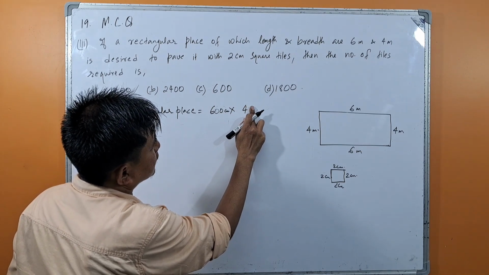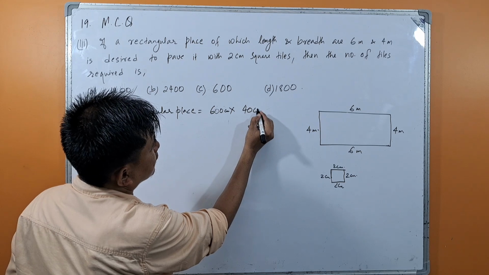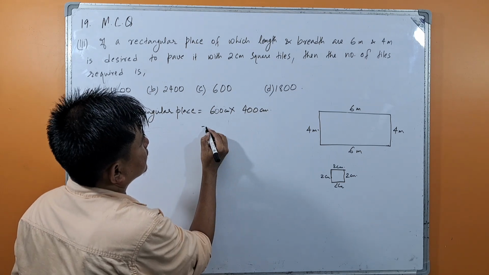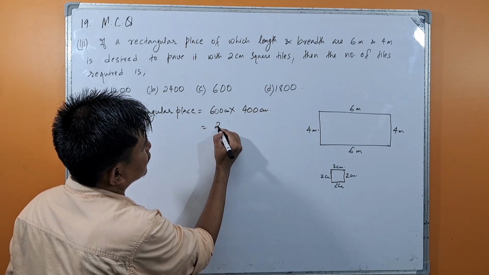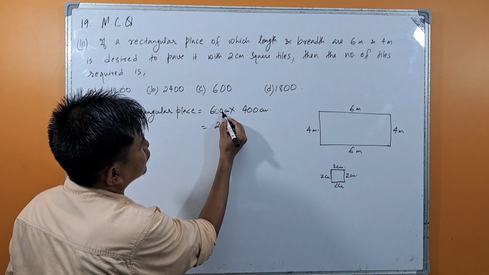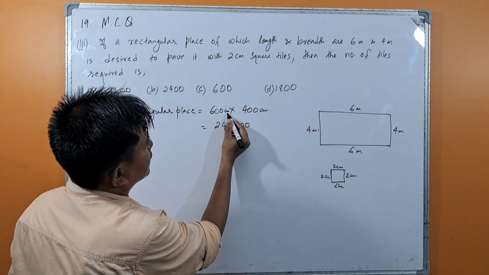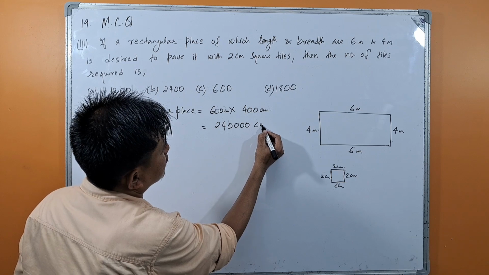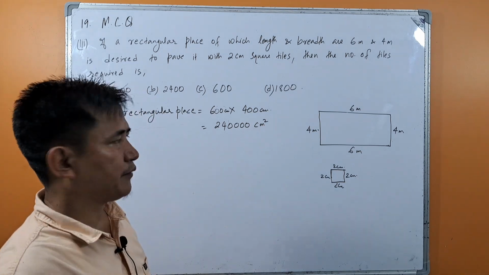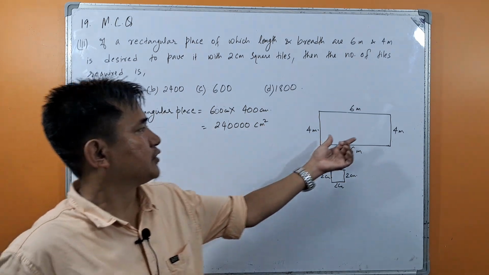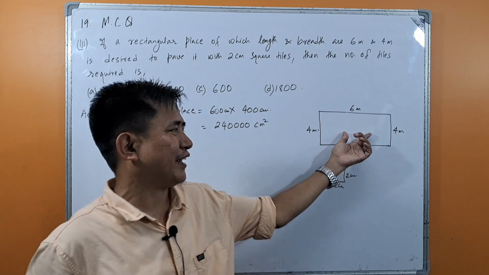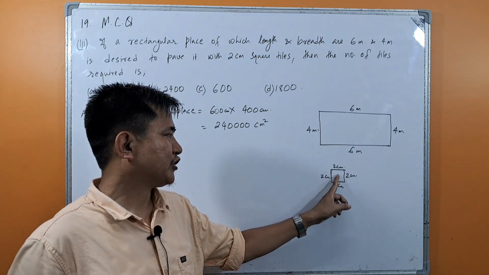4 meter means 4 into 100, that is 400 centimeter. 6 4s are 24, and 4 zeros. Centimeter into centimeter is centimeter square or square centimeter. Okay, so this is the area of this rectangular shaped land. Now let us find the area of each tile.